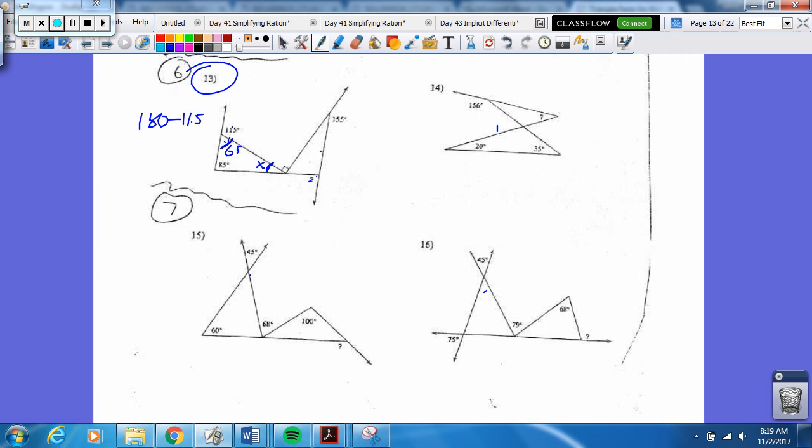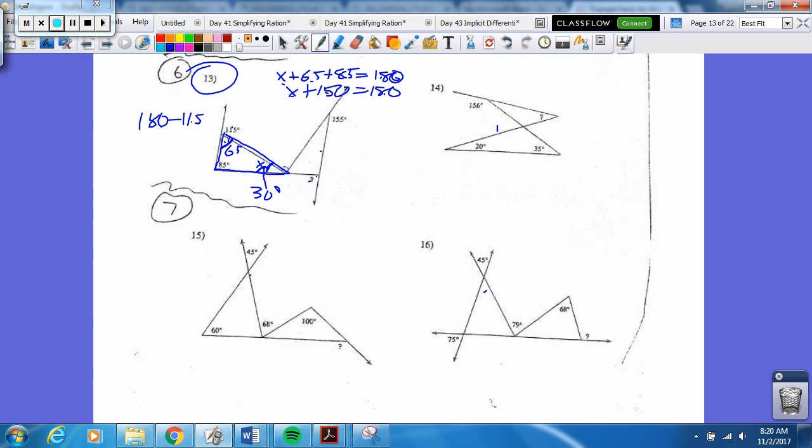Let's call this x. So x plus 65 plus 85 equals 180 because I have a triangle here. The sum of all the angles equals 180. So x plus 150 equals 180. What plus 150 is 180? Oh yeah, 30. So there's 30 right there.